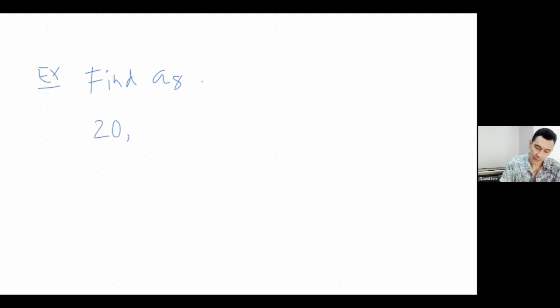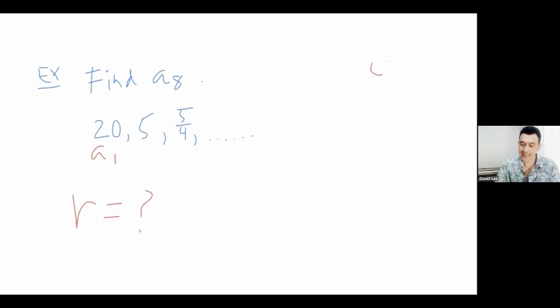Let's go with 20, 5, 5/4, and so on. So here we can readily identify the first term as 20. The question is, what is r? What is the common ratio? In the previous problem, it was 4, 8, 16.